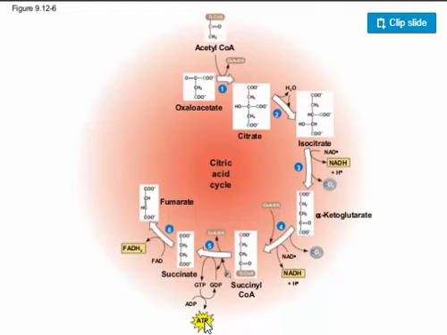So glycolysis produces 2 pyruvate molecules. Therefore, these products are half of what comes out for 1 glucose molecule. The total for the breakdown of 1 glucose molecule: 6 carbon dioxide, 2 ATP, 8 NADH, and 2 FADH2.